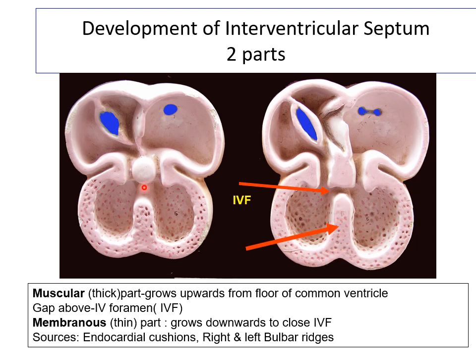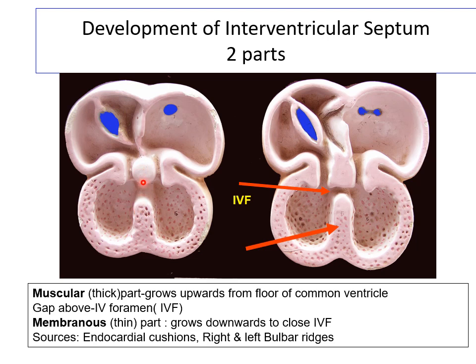Now this gap, the interventricular foramen, needs to be filled, but it will be difficult to fill. Why? Because this is an enlarging chamber. Remember, the bulboventricular loop grows very large, so this partition can never reach the top, because as it's trying to grow taller, the ventricle itself is going to go bigger.